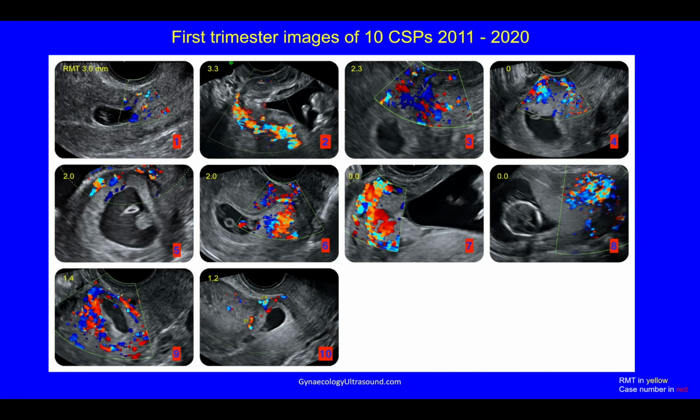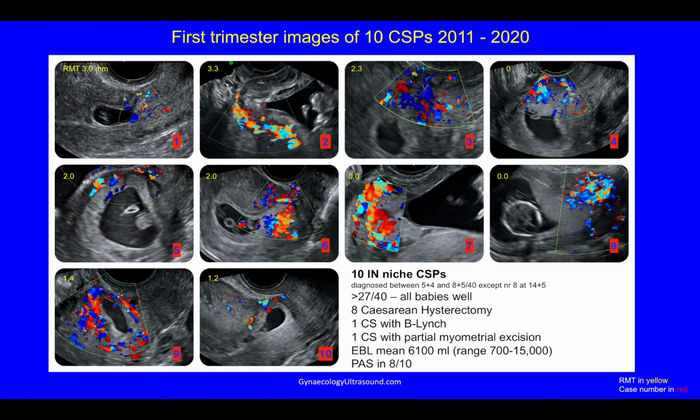Our experience of scar pregnancies over the last 10 years, here are 10 examples, where in yellow at the top I've written the residual myometrial thickness at the time of presentation. And these 10 in niche scar pregnancies were all diagnosed early.